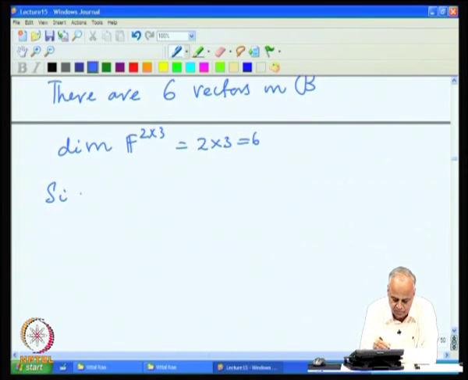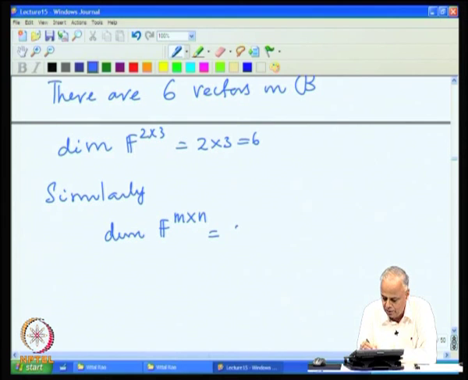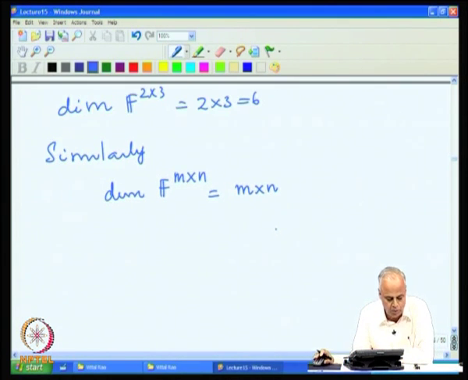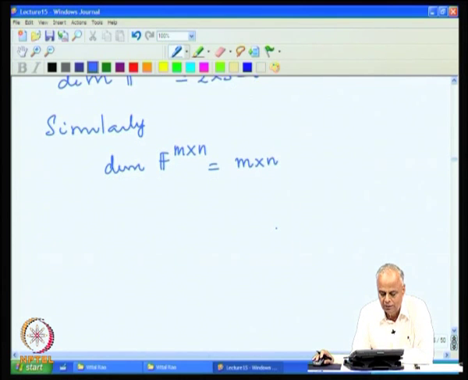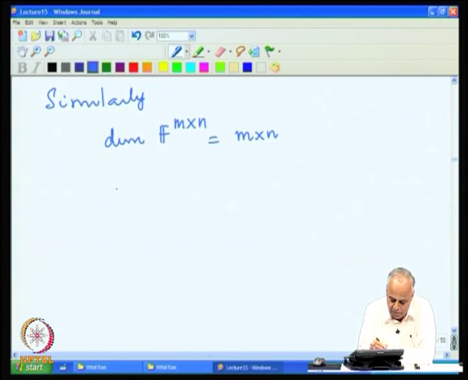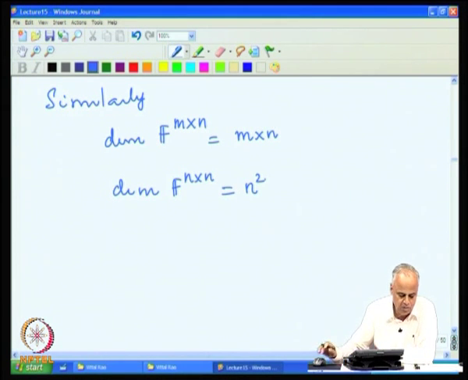Similarly, dimension of Fmn is equal to m times n. The set of all m by n matrices over F has dimension m times n, and in particular the dimension of the set of all square matrices is n square.